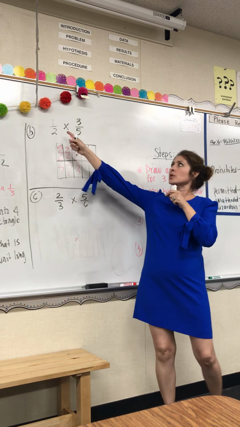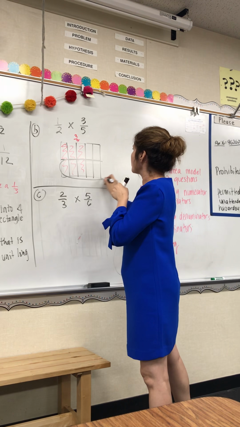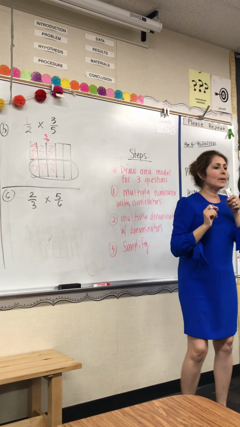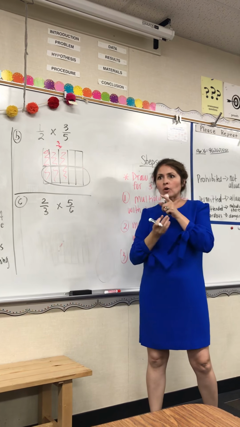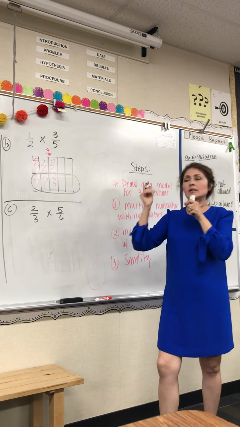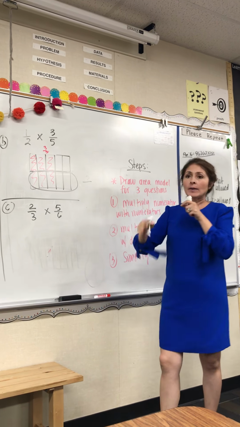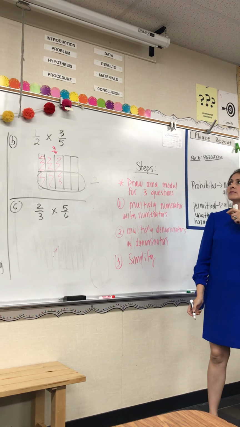How many rows are we circling? 1. So it doesn't matter if you circle the top row or the bottom row, just circle 1. And then tell me how many in that circled row are shaded. 3. That's called your what? Numerator. Out of how many total pieces do you have there, slices? 10. Yes, out of 10.